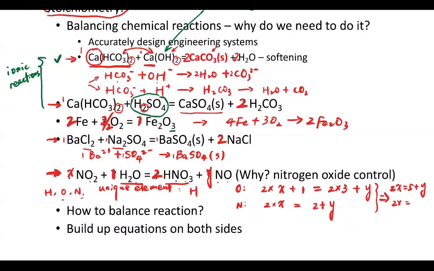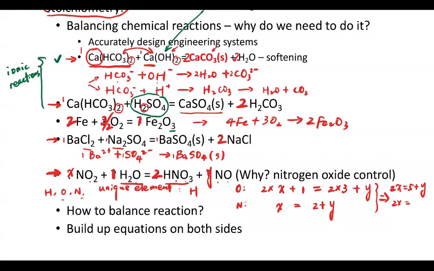let's see. Oh, okay, I think I made a mistake here. For nitrogen, it should just be x. On the left-hand side for nitrogen, that's a single nitrogen atom, right?